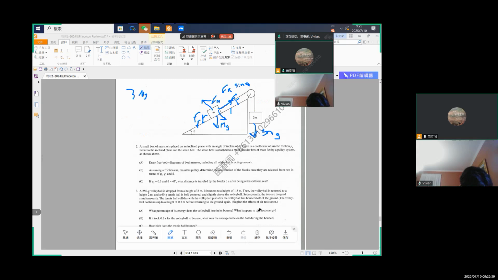So you have to find that tension. Tension is unknown, but we know the tension here is also the tension here, because there's no slack, so the tension is the same.